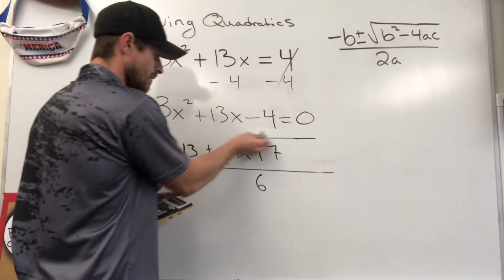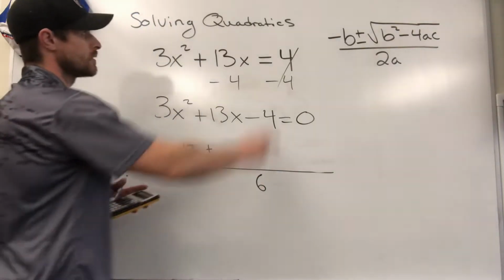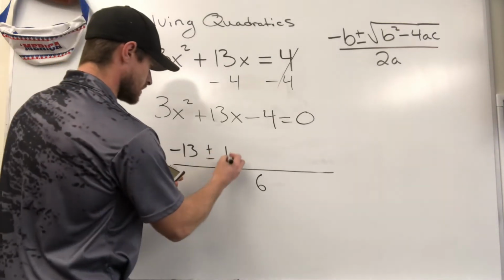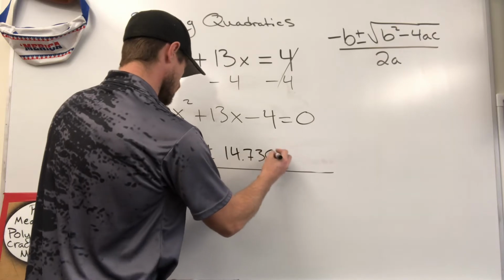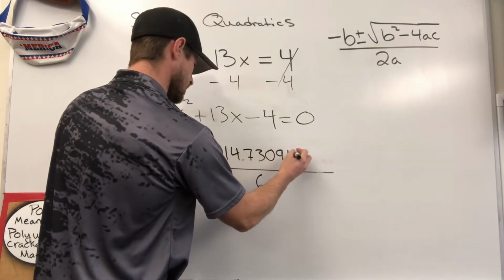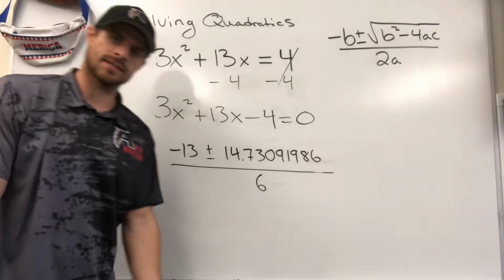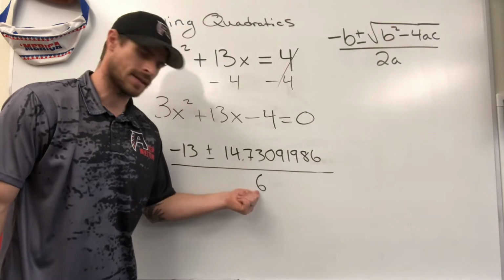If you round this number right now, you're not using the actual value. You don't want to round until you get to the very end, and that's only if you're asked to. So plus 14.73091986.